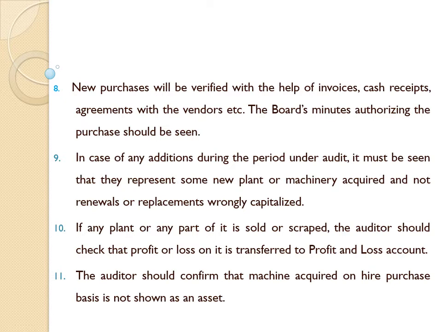If any plant or part of it is sold or scrapped, the auditor should check that the profit or loss on it is transferred to the statement of profit and loss. Sometimes a client may sell plant or machinery which has become worthless, or because of a new arrival in that category.